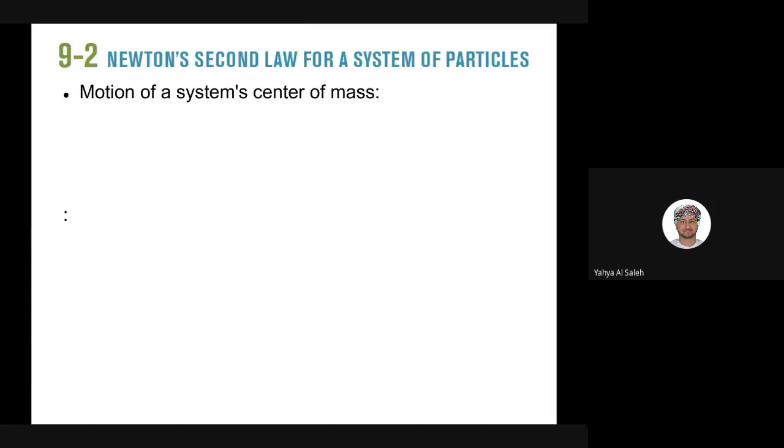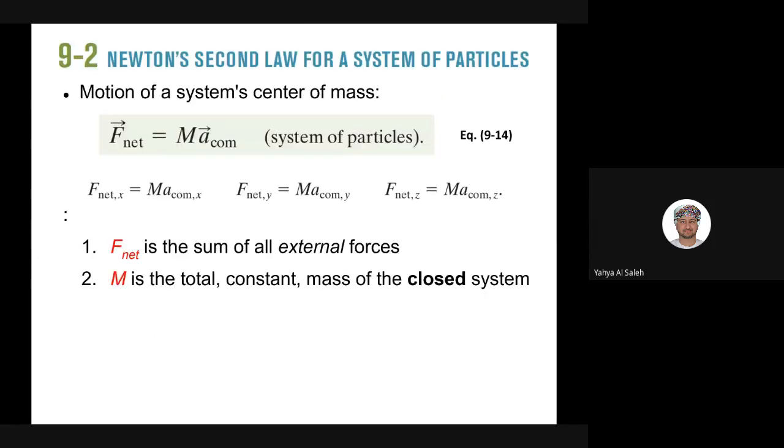So we said that if we look at the motion of a system's center of mass, then we can look at the position of the center of mass, velocity of the center of mass, and acceleration of the center of mass. And by extension, if we look at the acceleration of the center of mass and the total mass, then we have our net force. F net equals ma, which is what we have been doing all along, just without thinking about it.